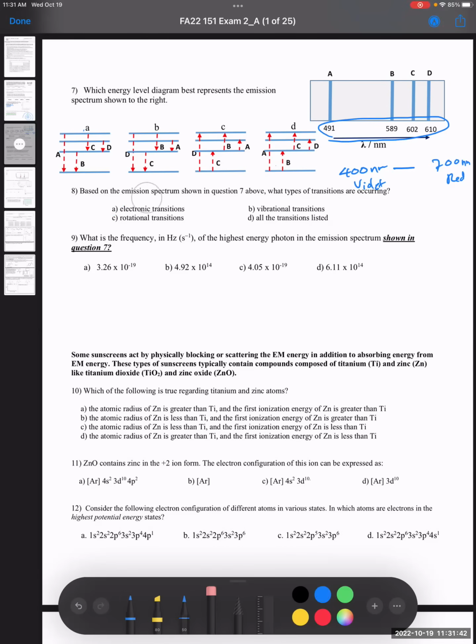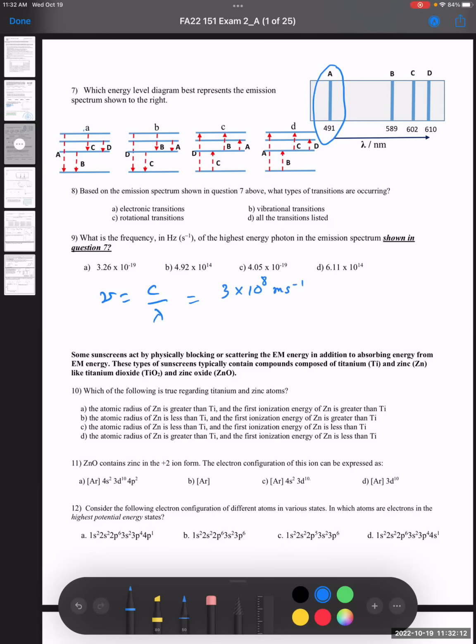Okay, moving on to question 9. What is the frequency in hertz of the highest energy photon in the emission spectrum shown in question 7? The highest energy photon is over here with the shortest wavelength, and the frequency is given by the speed of light divided by the wavelength, that is 3 times 10 to the power of 8 meters per second divided by the wavelength, which is 491 nanometers, but we need to convert nanometers to meters to match the units of the speed of light.